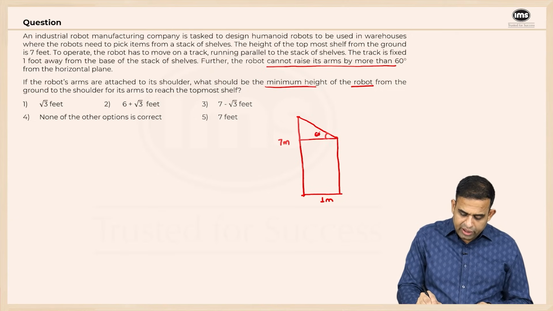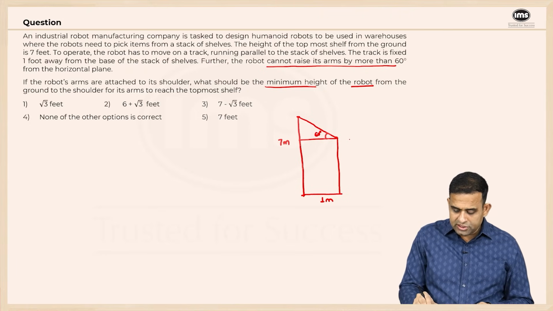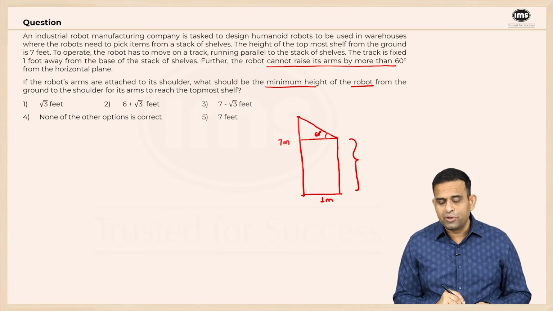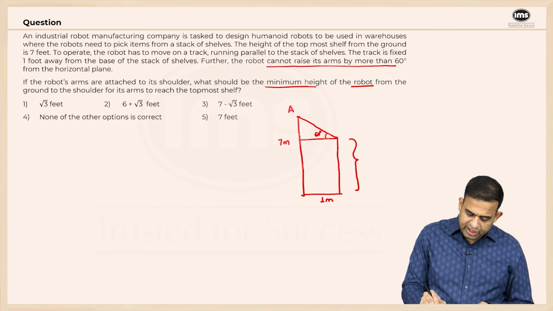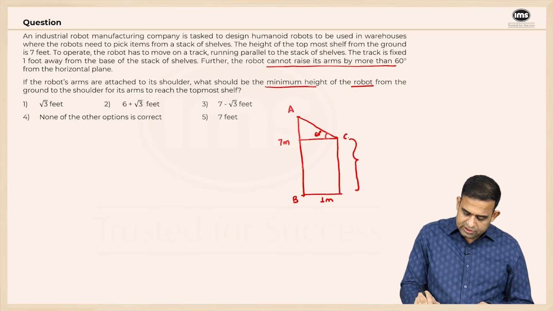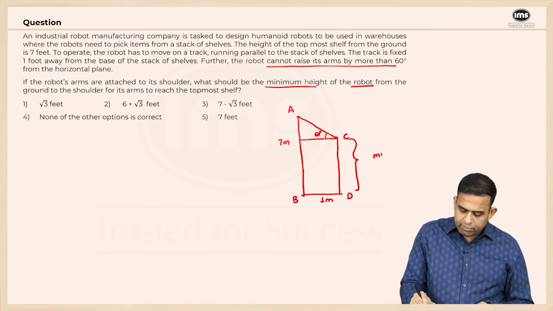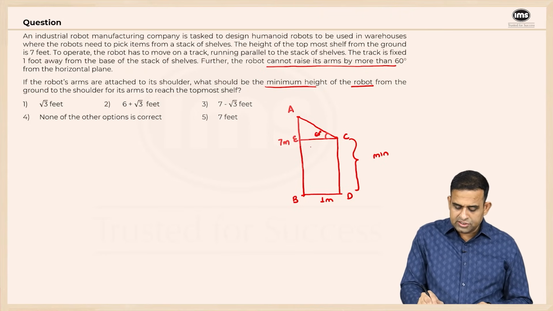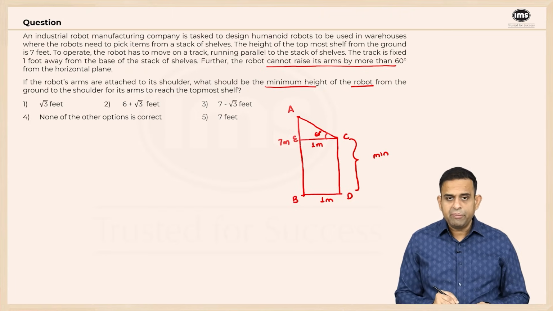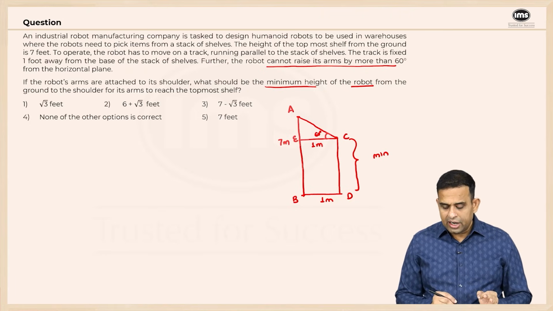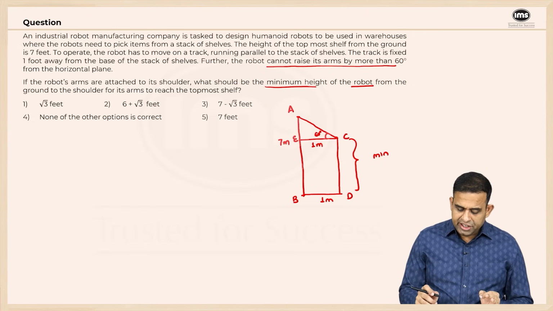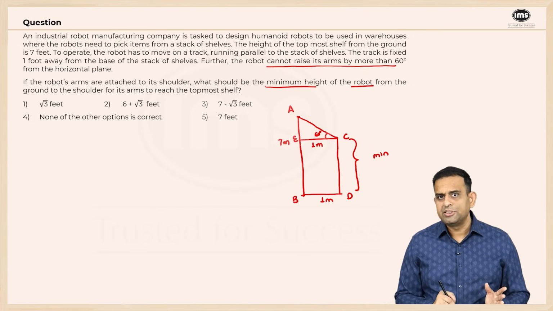You want this angle to be as high as possible for this height to be as low as possible. So in this context, suppose I name the points A, B, C, D, I want to minimize CD. This is some point E over here. The distance CE is equal to 1 meter. And the task is to find the lowest value of CD. To find the lowest value of CD, this AE has to be as high as possible.